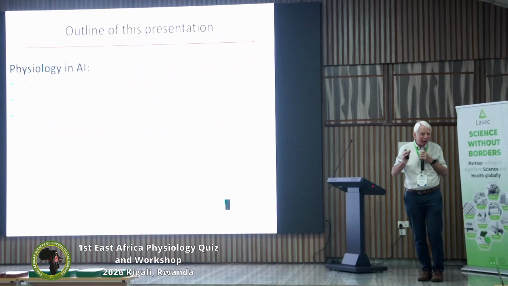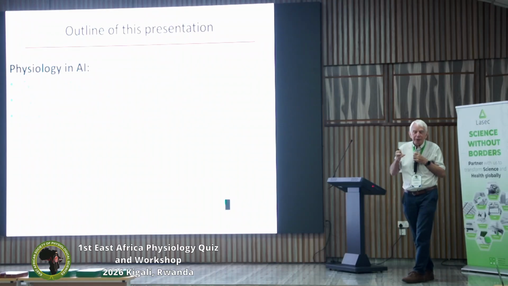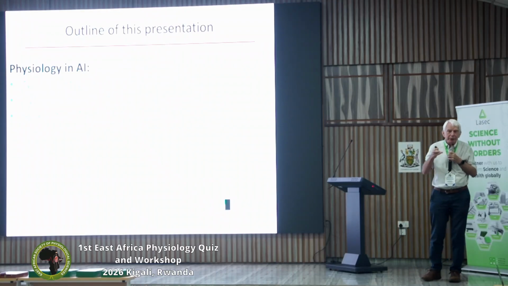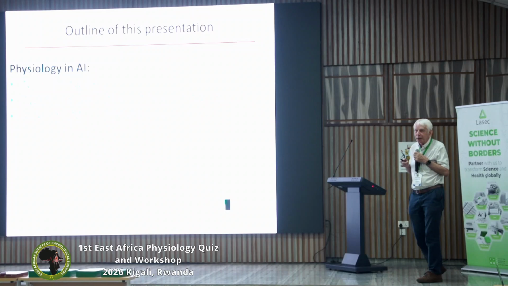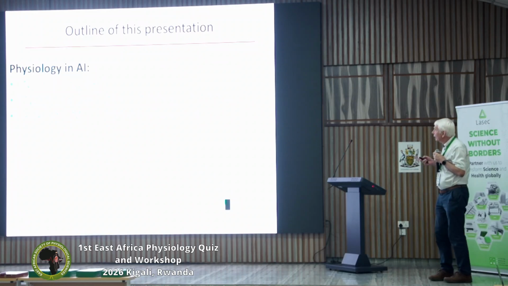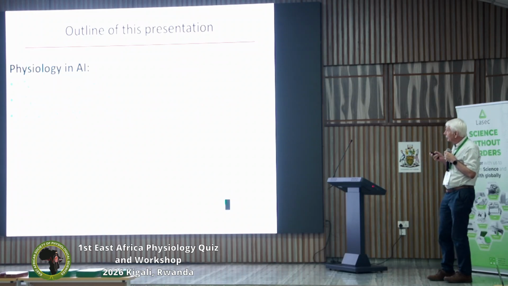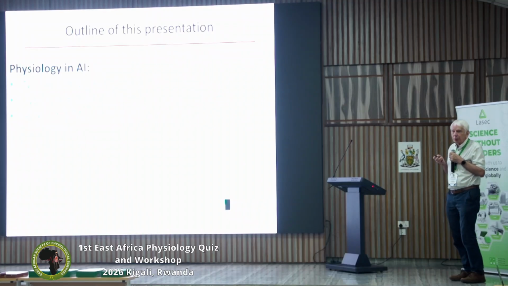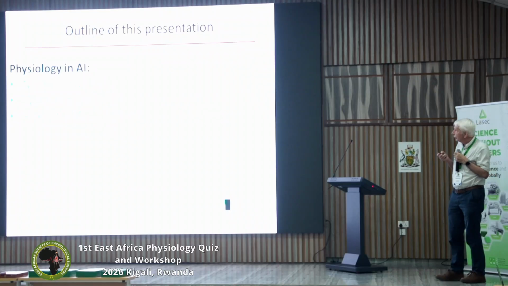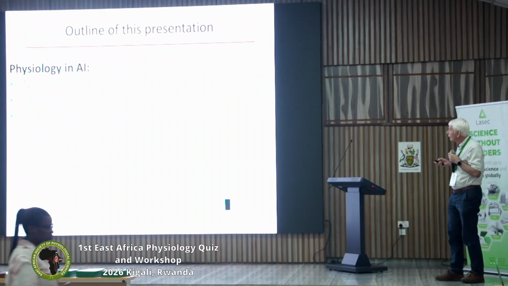The basics of AI are to be found in neural networks, which were designed by physiologists, in fact. So I will look at the types and applications of neural networks. I will look at the risks of large language models, like ChatGPT, and also the risks of machine learning.